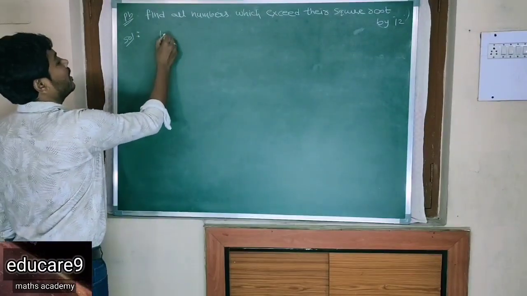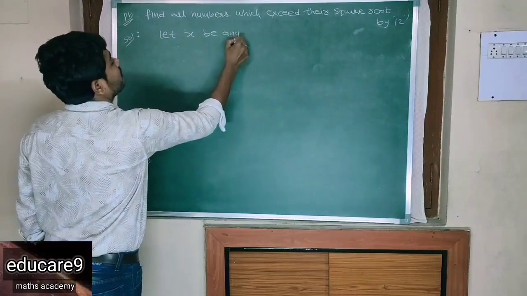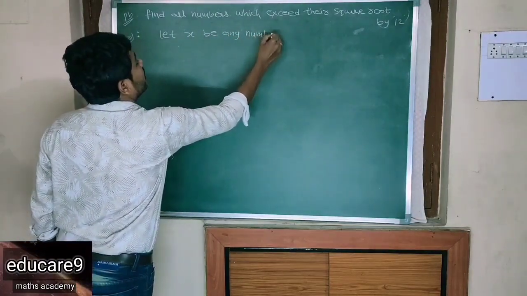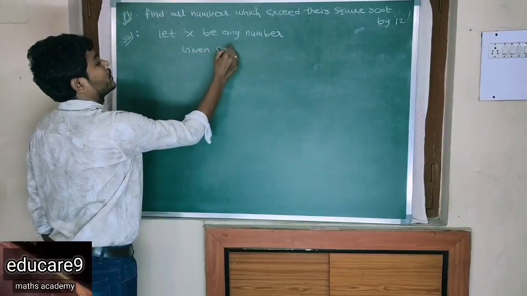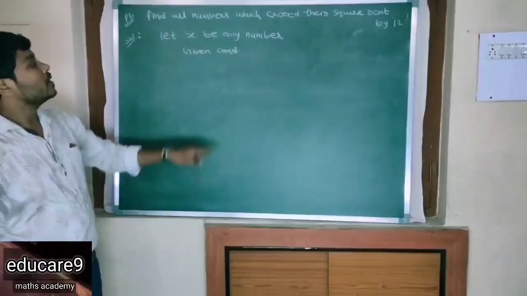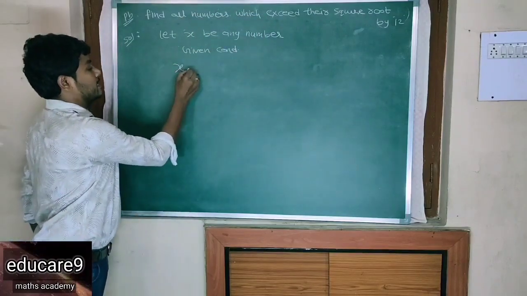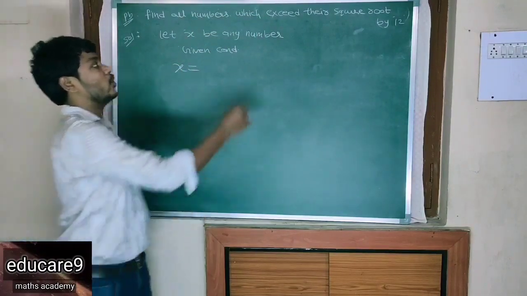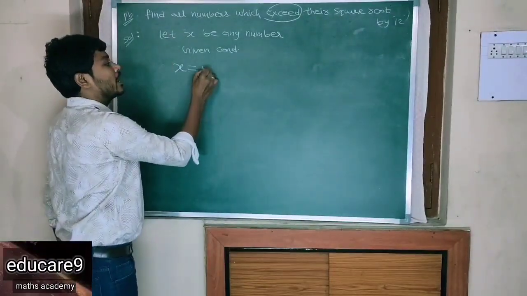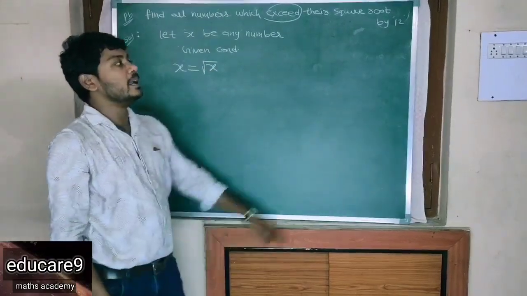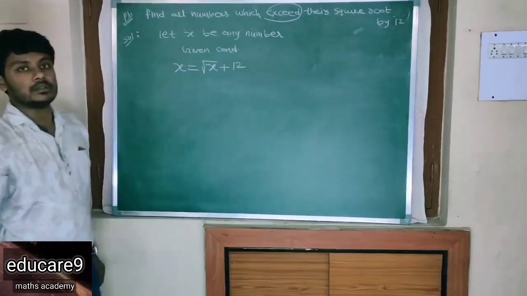So solution, let x be any number and given condition: all numbers which exceed means x is exceed means more than x, their square root means square root of x, by 12, that is plus 12.